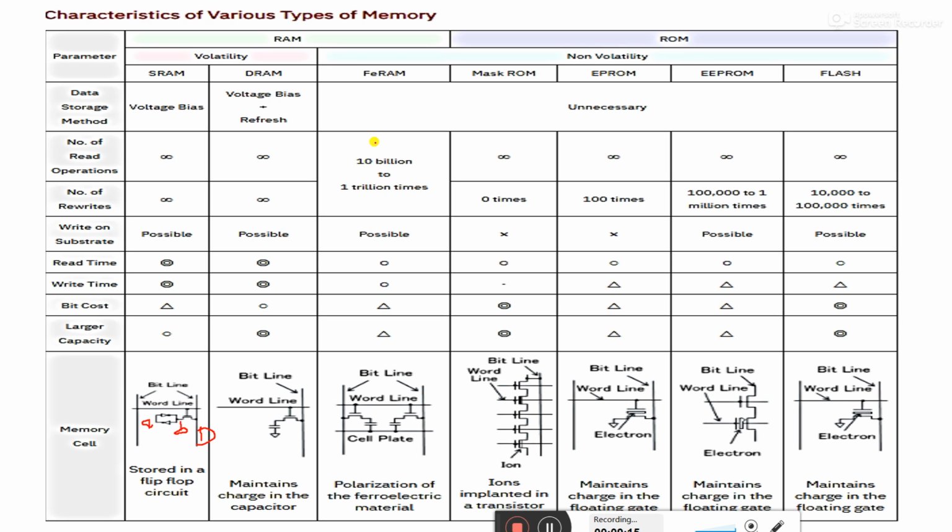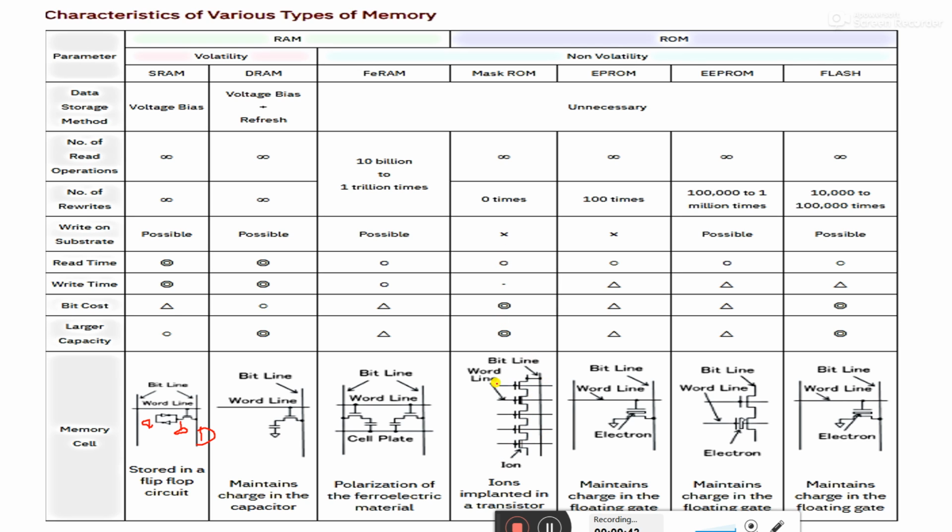Basically we have some limitation in the number of read and write cycles. And next is the mask ROM. So mask ROM is basically manufactured by the manufacturer. We will discuss about it. We cannot rewrite in it. We can read infinitely from this.